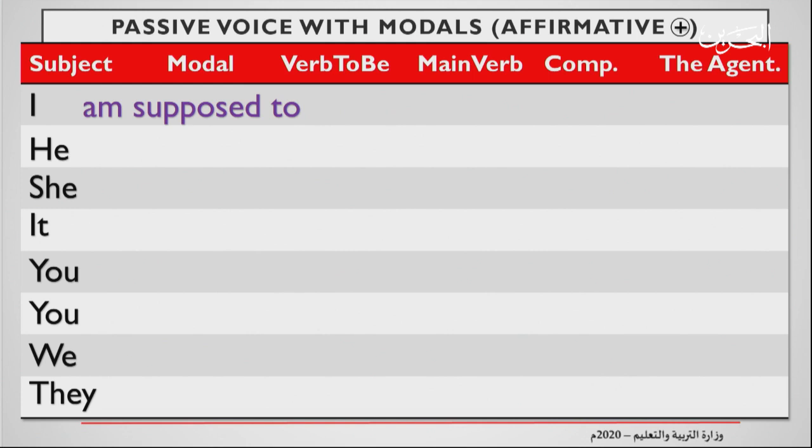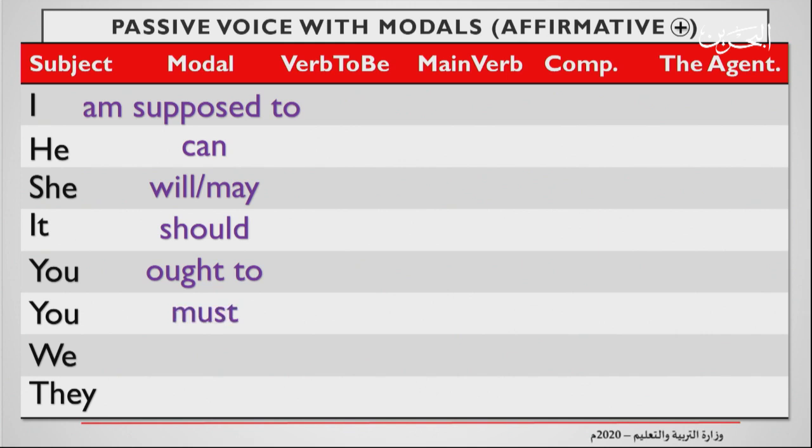All right. Another modal. He can. So, I say I can, he can, she can. She will or she may. Again, will and may are modals. You can apply them to all the subject pronouns. It should. You ought to. You can say I ought to, they ought to.